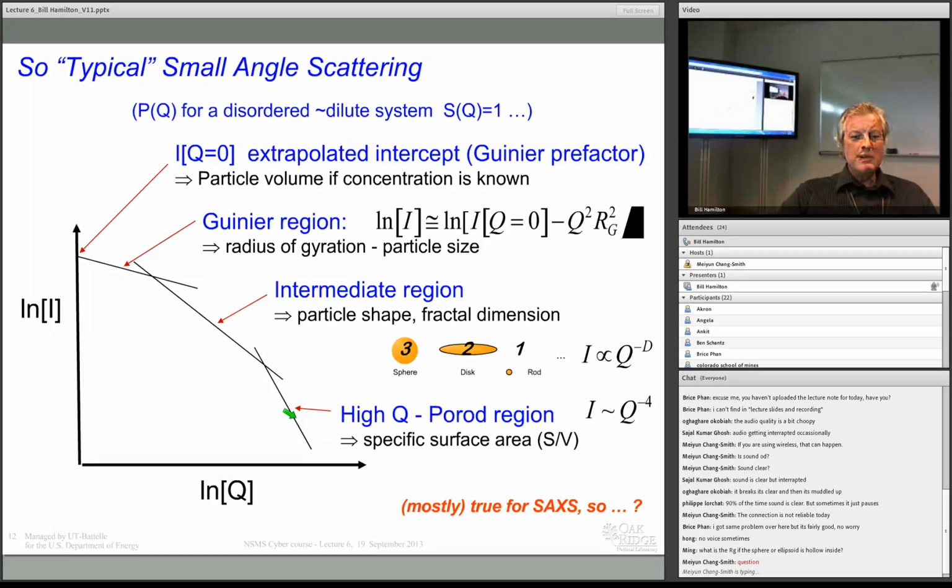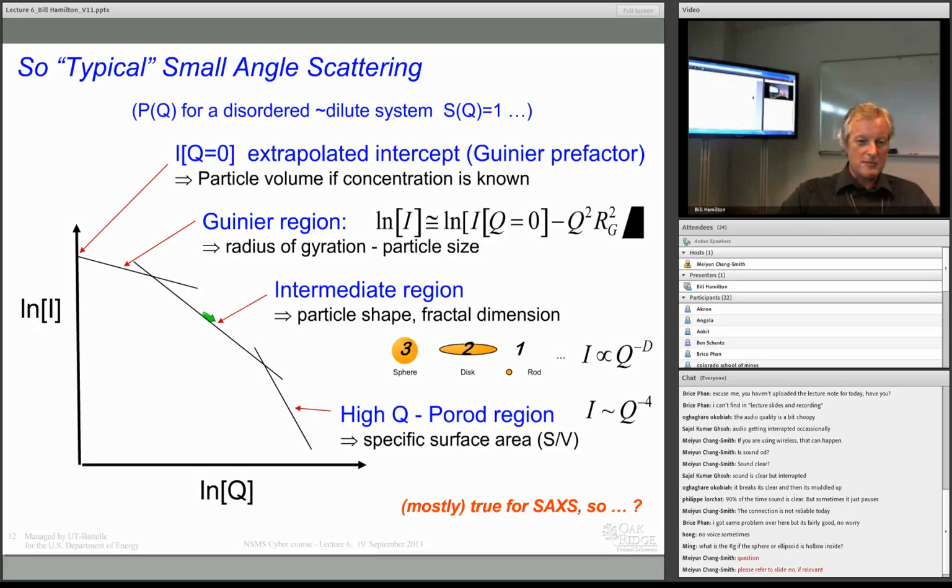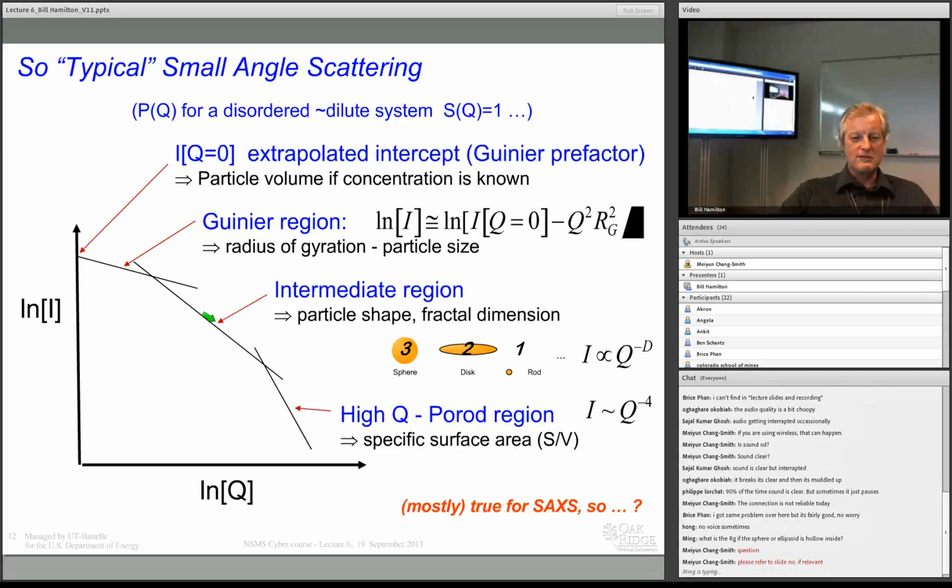In an intermediate region, we are actually sensitive to the particle shape, and as Sonny mentioned, quite different arrangements of atoms create different fractal dimensionality, which translates into scattering intensity being proportional to Q to the minus the dimensionality. So 3 for a sphere, 2 for a disk, 1 for a rod.